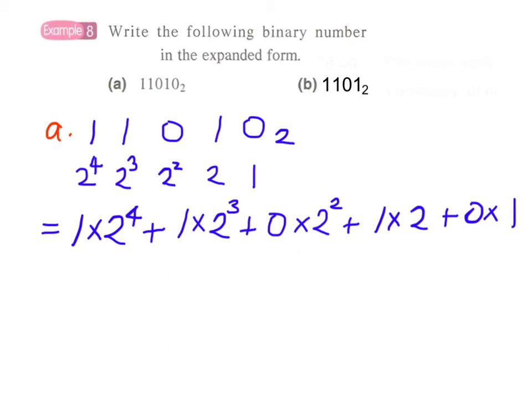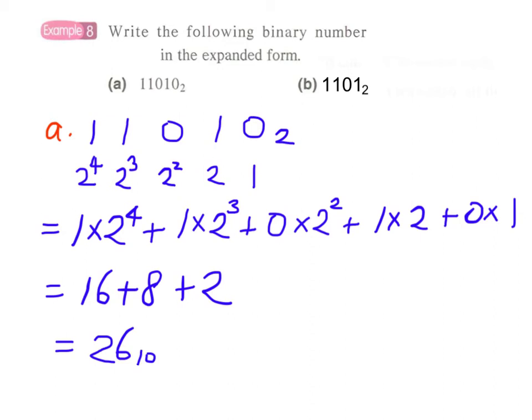In fact, we can find the actual Denary value from this expanded form. This will be 16 plus 8 plus 2, and this is 26 base 10. For part B, this will be 1101.